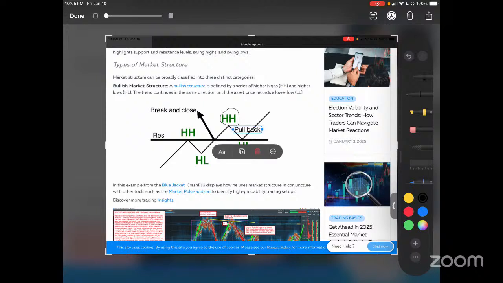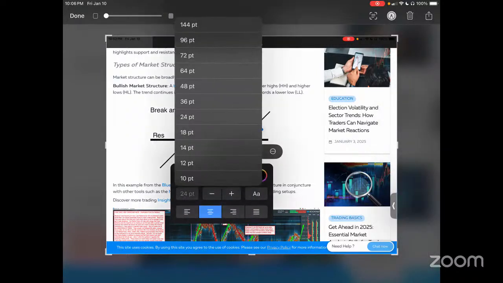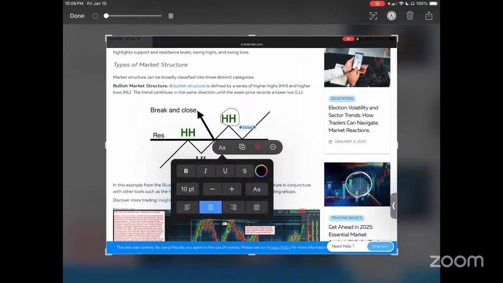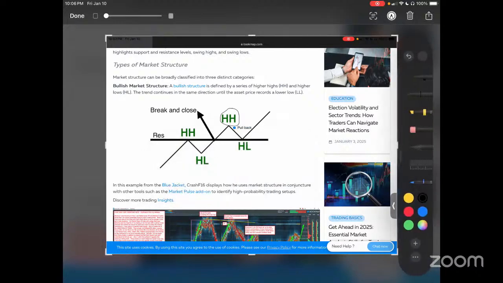The market has to pull back and create a new higher low. Good job, Miss Sherry. Very, very good. So let's make that 0.10. Pull back, create new higher low, and then the market should continue up.